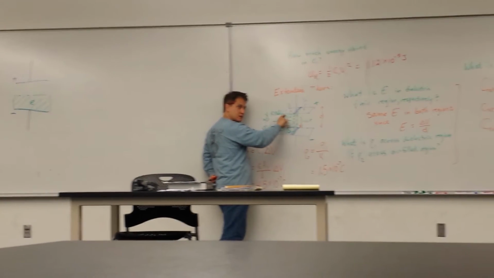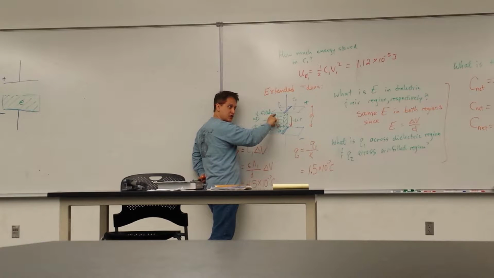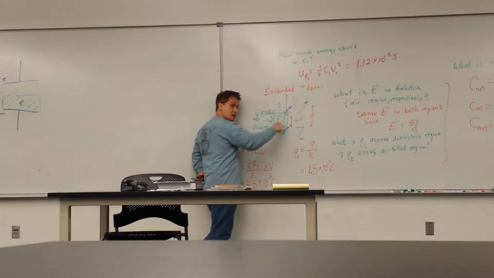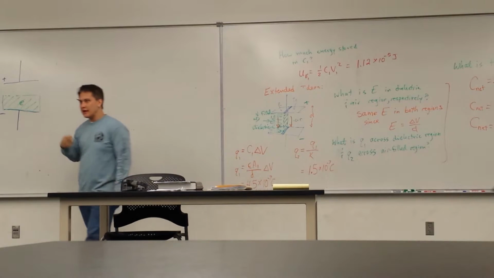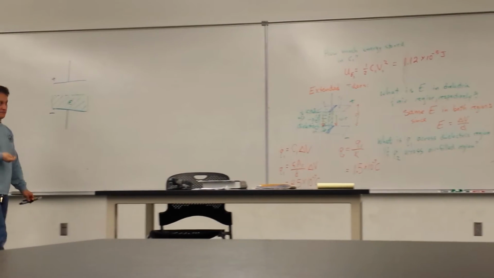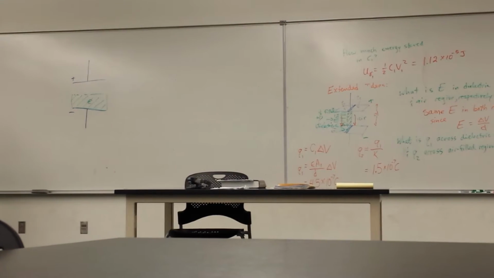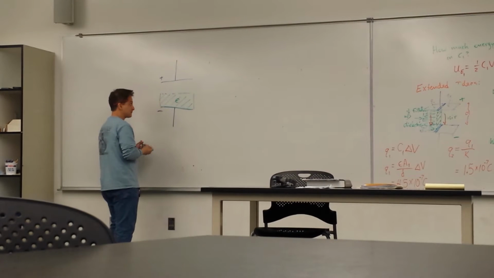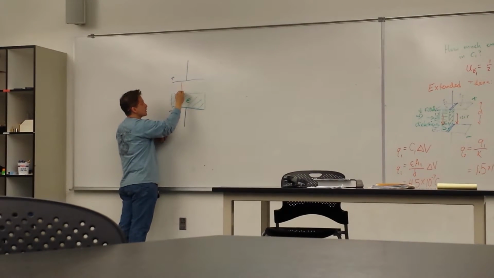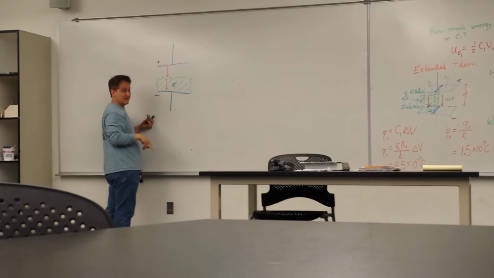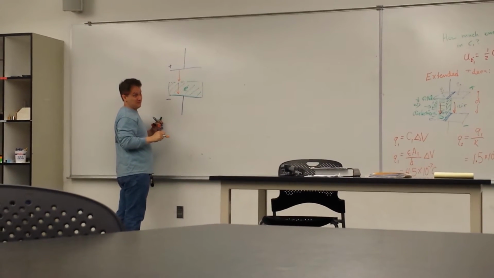Is the voltage to distance ratio different here than it is here? So specifically, there's not necessarily a reason why it has to be. Okay, so think about this in sort of an interesting way. You've got an electric field here, you've got an electric field there. They ought to be the same.